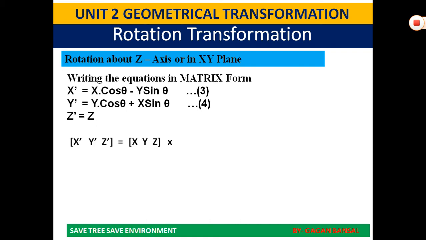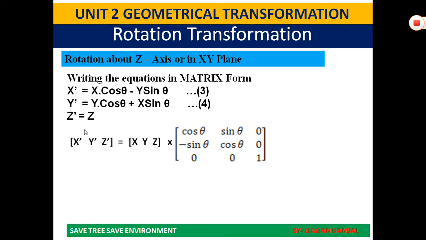You can try, because I have not explained the other two exercises, so you have to do them yourself, but for this particular one I have given the complete derivation. So it is cos theta sin theta 0, minus sin theta cos theta 0, 0 0 1. We can verify also. x dash equals x cos theta, here also x cos theta, plus minus y sin theta, here also minus y sin theta, plus z into 0 is 0.